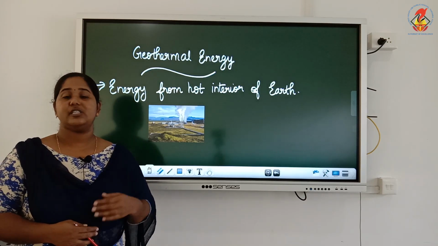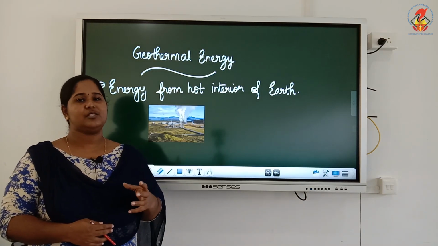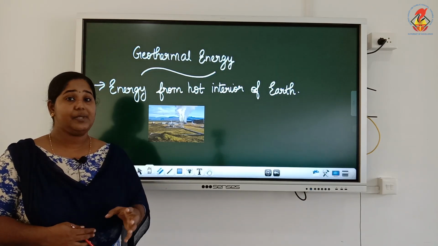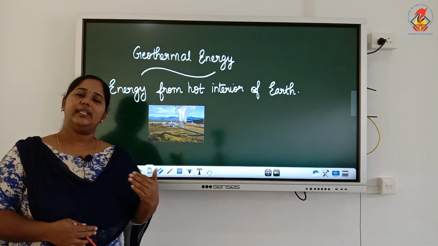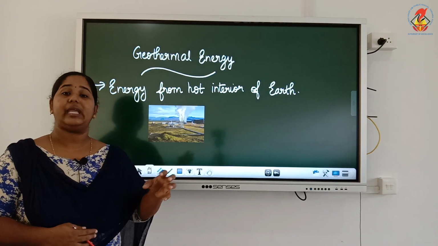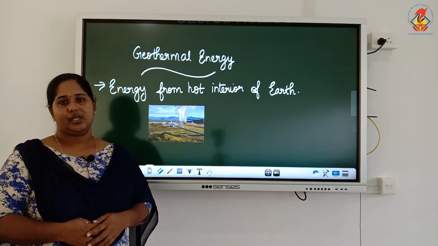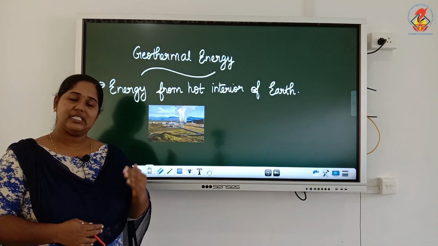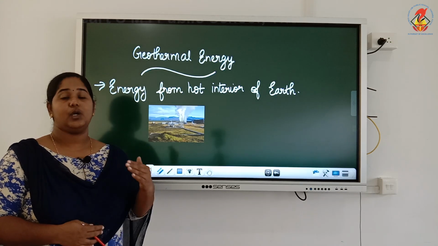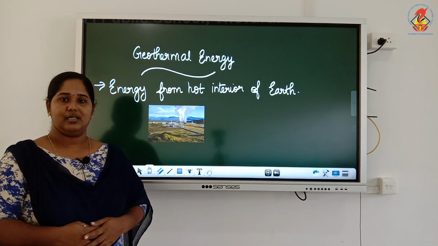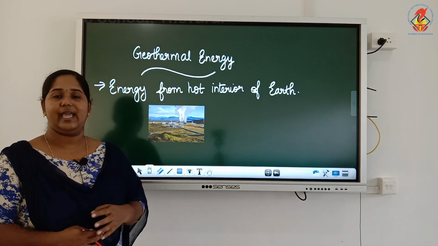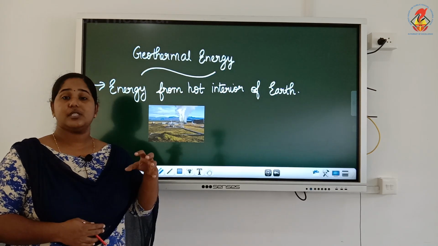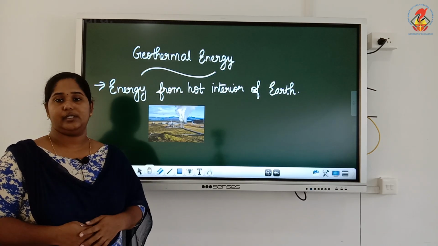The next type of energy is geothermal energy. Geo means what? Earth. Thermal means heat. So geothermal energy is heat from the interior of the earth. We know that the earth contains three layers: crust, core and mantle. Core is the innermost layer of the earth, which is hot and molten.